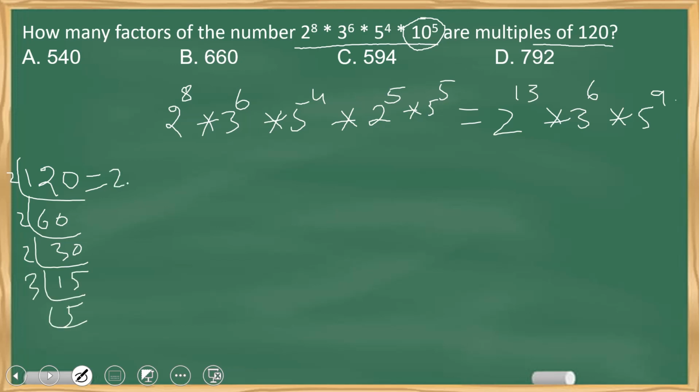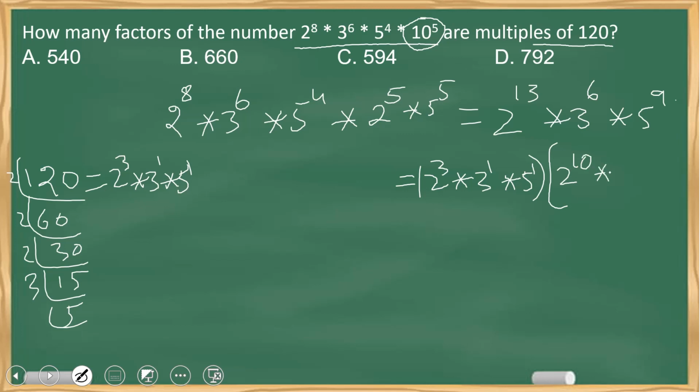So this can be written as 2 cube into 3 power 1 into 5 power 1. So take 2 power 3, 3 power 1 and 5 power 1 common in this value. Then the remaining values will be 2 power 10 into 3 power 5 into 5 power 8.